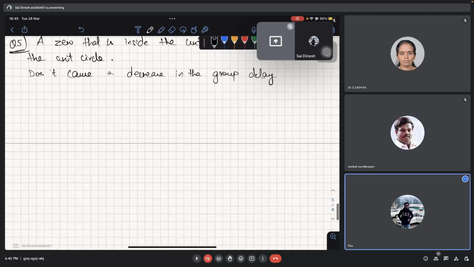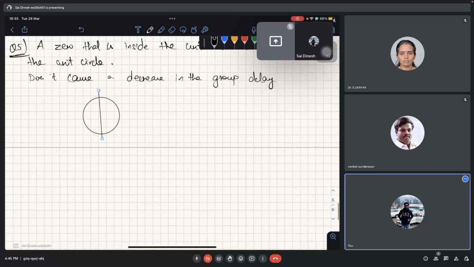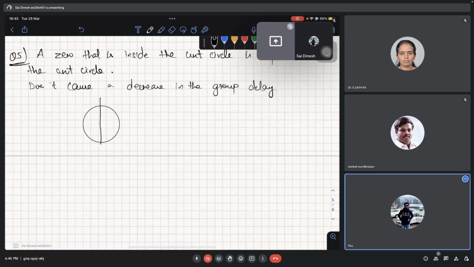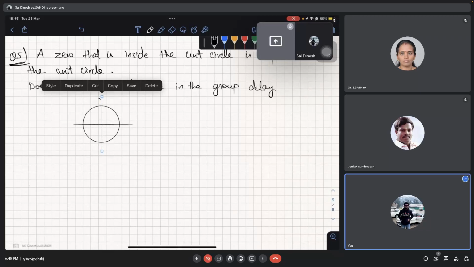Right, so let's say there is a zero here, r e^{j theta}, right?